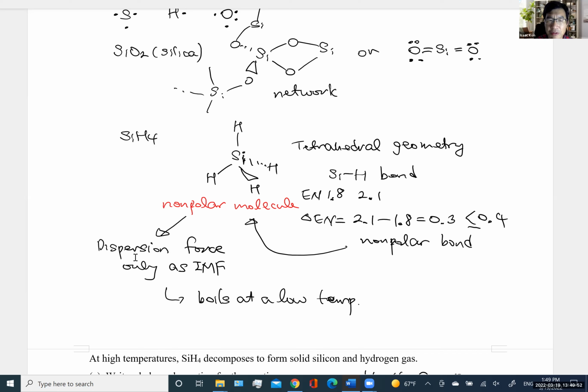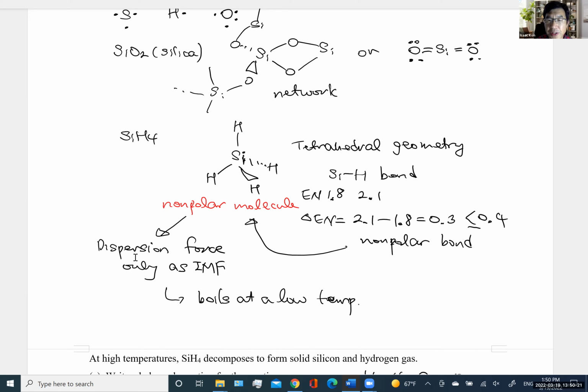We need to think about intermolecular forces. Let's remind ourselves about different intermolecular forces. We have dispersion force, sometimes called London dispersion force. This is a default force present in all molecules. And we have the dipole-dipole force and hydrogen bonding. Going through dispersion, dipole-dipole force and hydrogen bonding, the relative magnitude of intermolecular force is increasing.